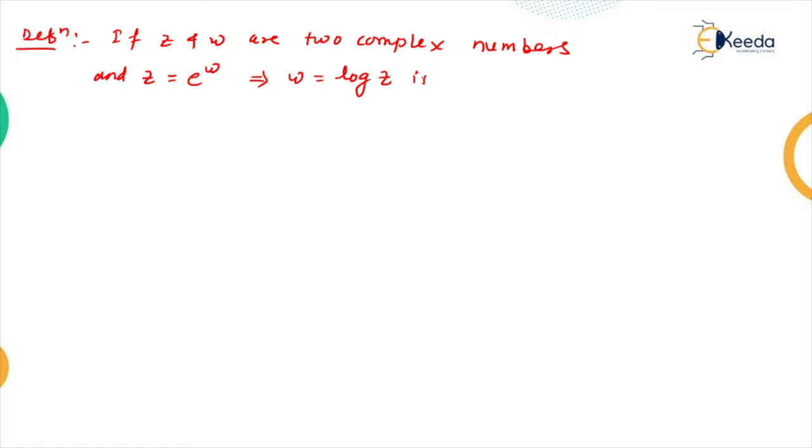So w is called the logarithm of the complex number z.